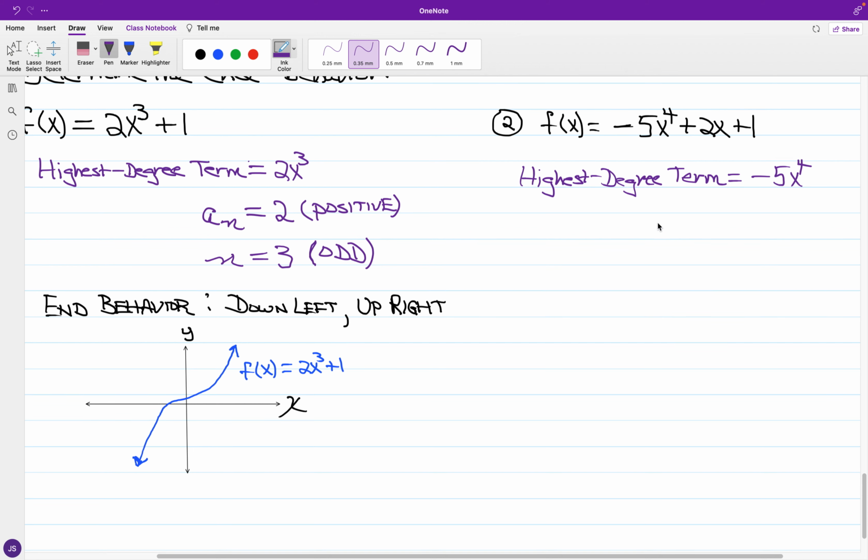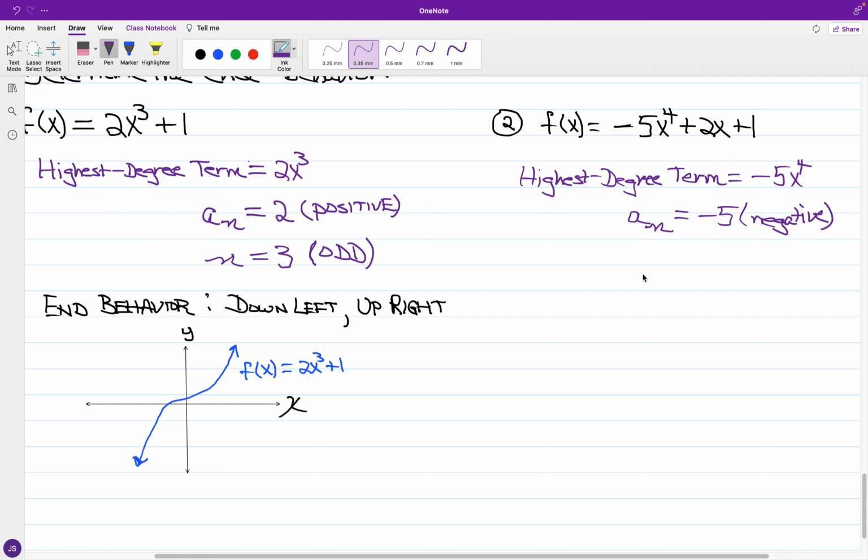With the coefficient of the highest order term, a sub n, that's going to be minus 5, so that is negative.